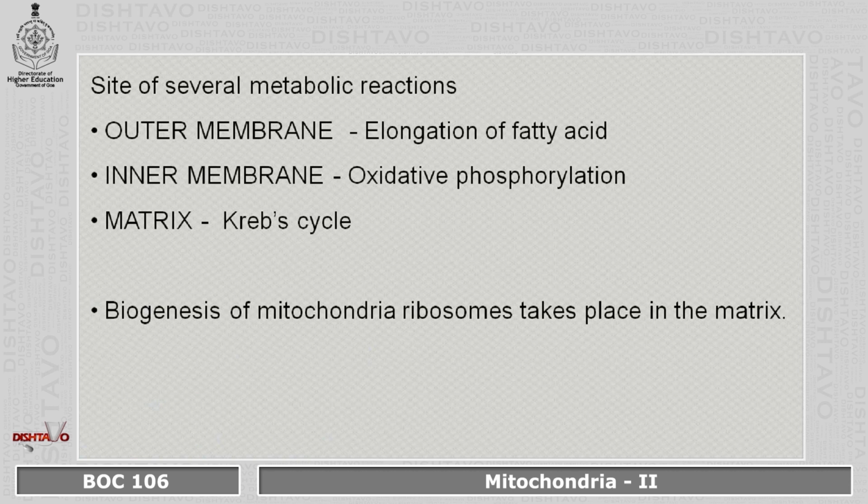Mitochondria are also the site of several metabolic reactions: in the outer membrane, the elongation of fatty acids; in the inner membrane, oxidative phosphorylation; in the matrix, the Krebs cycle. Biogenesis of mitochondrial ribosomes takes place in the matrix.